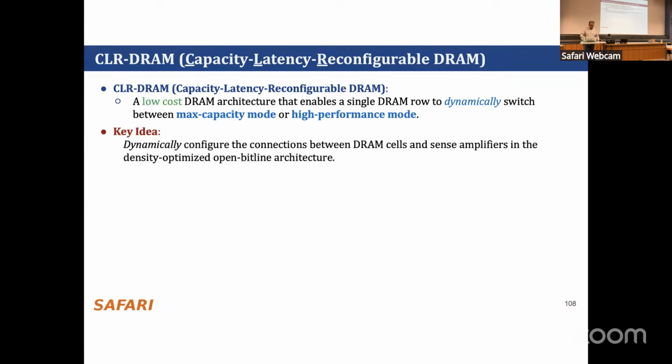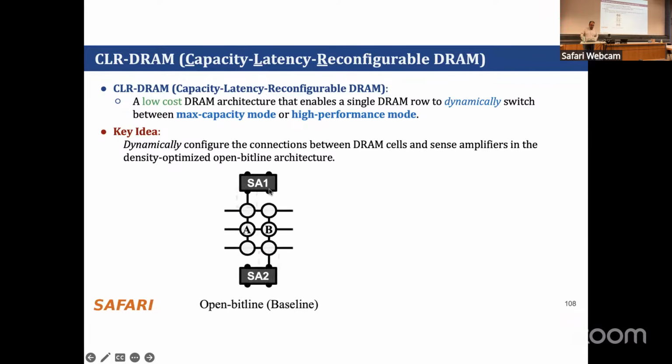So basically the key idea is to dynamically configure the connections between DRAM cells and sense amplifiers in the density-optimized open bitline architecture. Here in this baseline, we focus on open bitline, a structure that is nowadays very common in DRAM manufacturers, because it helps provide higher capacity or higher density.